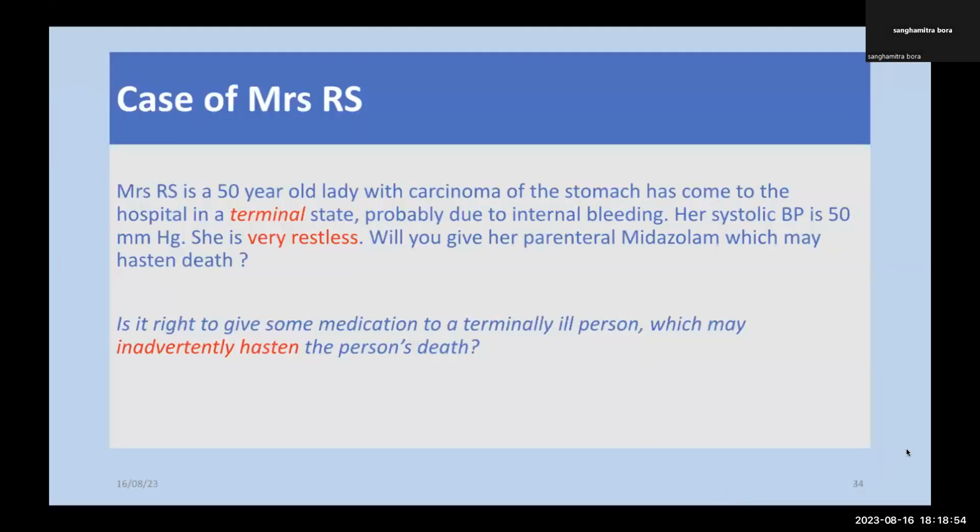Rajlakshmi, can you give me 2 minutes? One is taking care of the restlessness, and the other one is hastening death. Sorry to interrupt, but the screen is blank for us. Sorry. Is it okay now? Yes, yes.